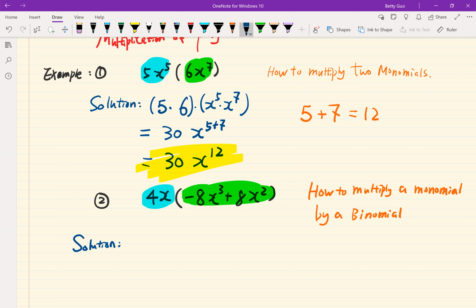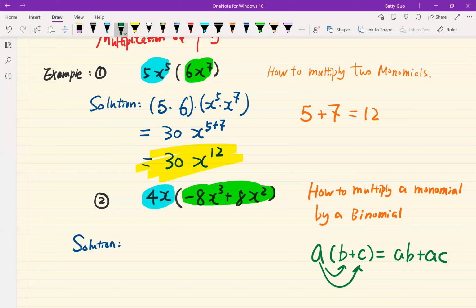When we multiply a monomial by a binomial, we apply the distributive property. Let me write the distributive property for you. A times parentheses B plus C equals A times B plus A times C. A here is the coefficient of the parentheses.